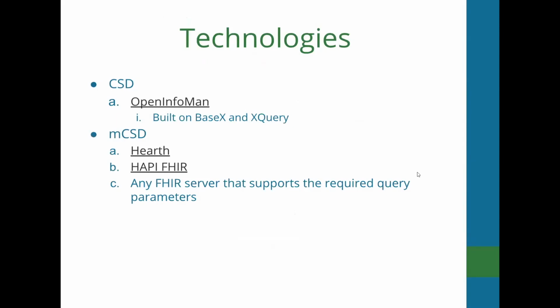So the technologies that we've built, or that we're familiar with: CSD has been out a few years longer, since FHIR is relatively new. There's software called OpenInfoman. Again, as I mentioned before, it's built on BaseX, which is an XML database, and then it uses XQuery to look up information, and you can define endpoints that can then return the data you want to see.